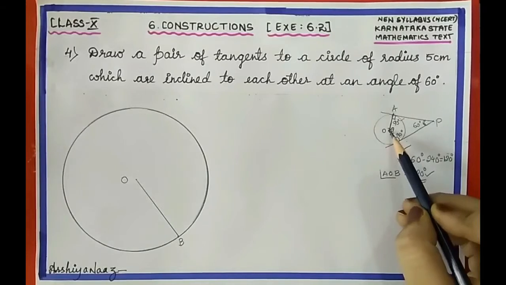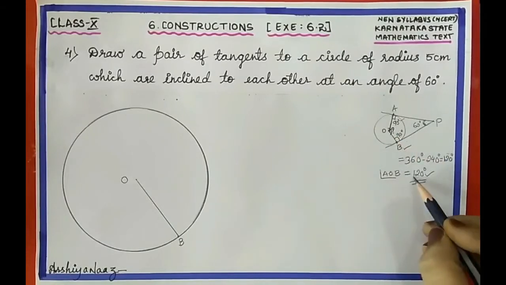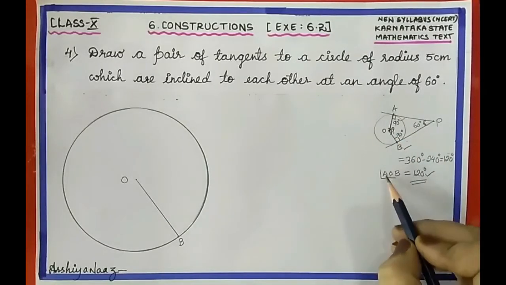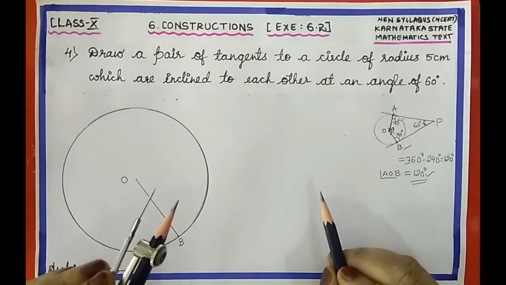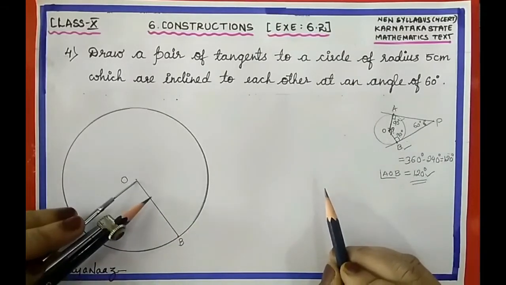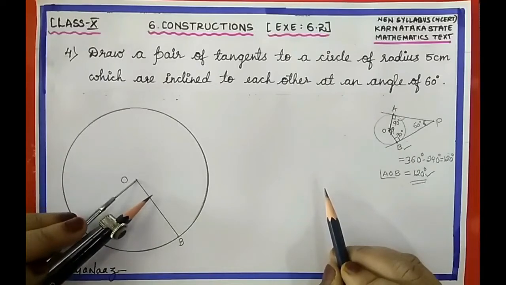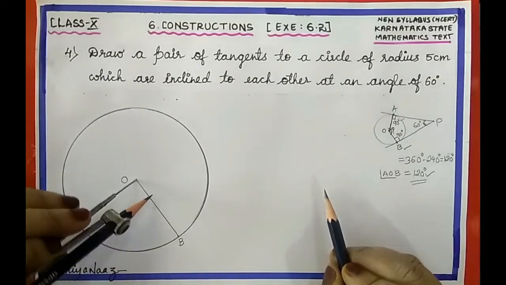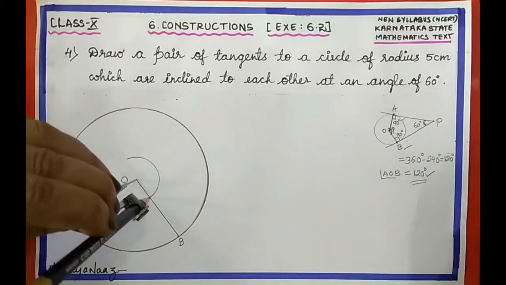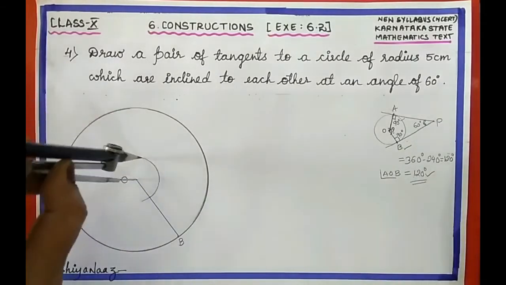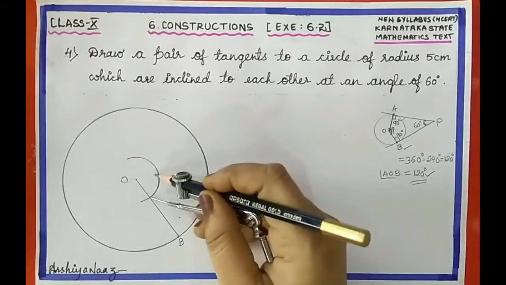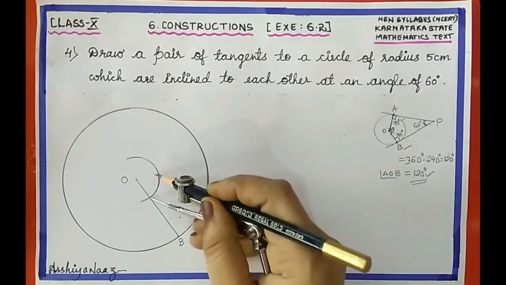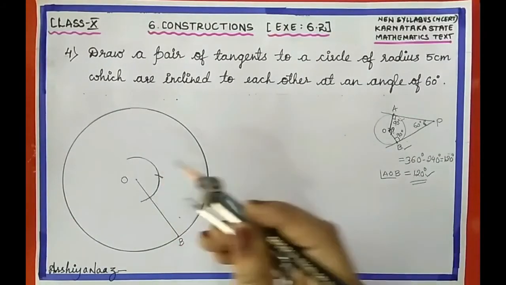Now we need to construct here an angle equal to 120 degree, because angle AOB is equal to 120 degree. So for this, with any radius with O as center, draw the arc like this. With the same radius, now with this point, cut this previous arc.